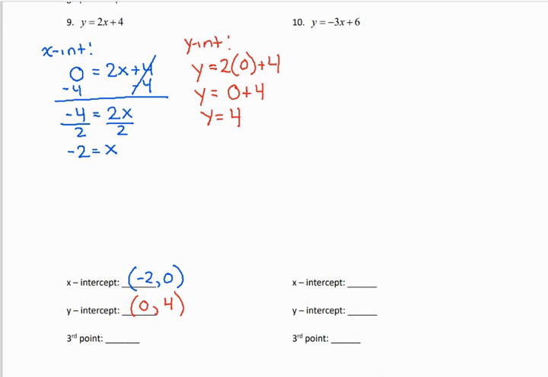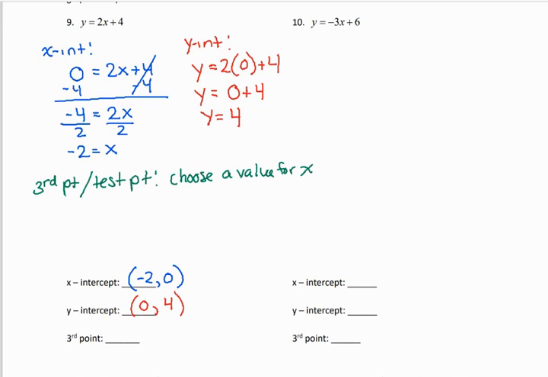And here's what we're going to do. That third point, otherwise known as a test point, is where you're going to choose a value for x. I'm just writing this down for your notes. Choose a value for x. Make life easy on yourself.